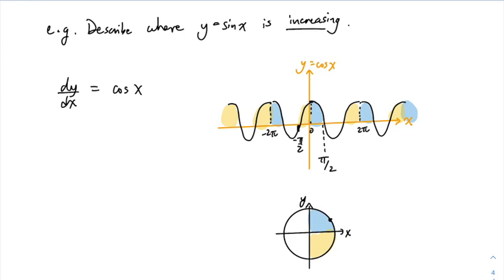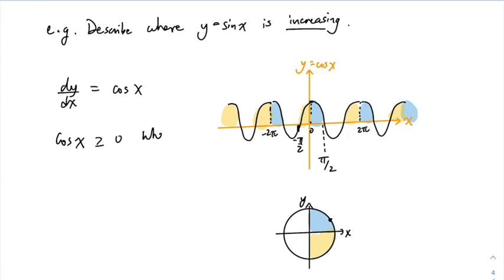Okay, so how do we determine where sine x is increasing? Well, we know that it's going to be increasing on an infinite number of intervals. We just need to be able to describe it. And we know that it's linked to when cosine x is positive or 0. So what we need to do is really figure out when cosine x is bigger than or equal to 0.